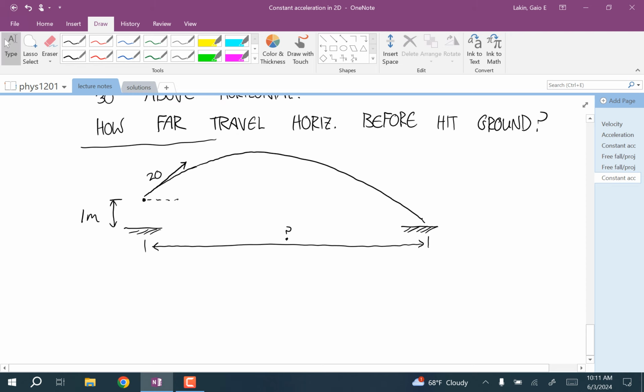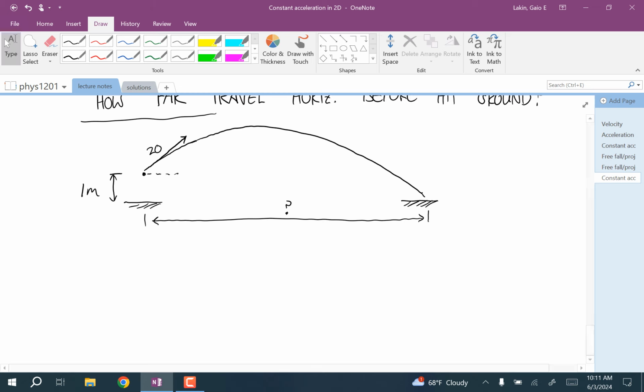The first step is to figure out the components of the velocity and the acceleration. For the velocity, here's my coordinate system and here is my vector. I know that this is 30 degrees and the magnitude is 20.